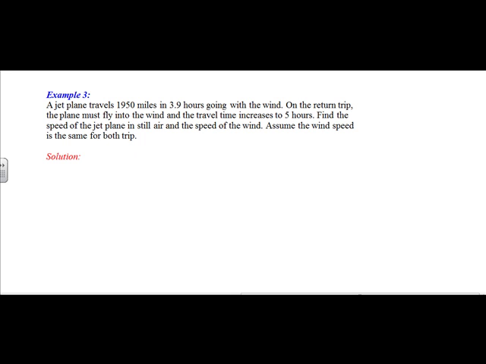So first, step 2 is I'm going to let any letter you like stand for, let's do X. I think I like X better.